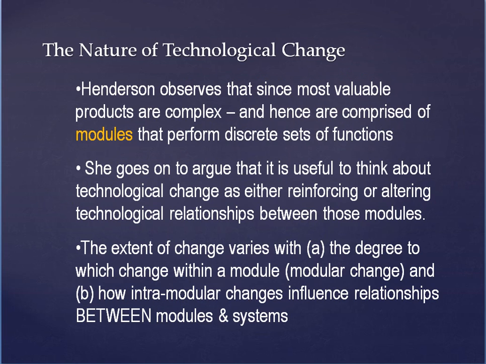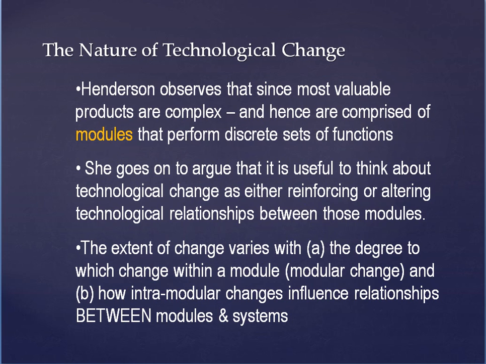They observe that since products are complex and composed of modules, you need to think not only about what's in the module, but the relationships between them. The extent of change within a module sometimes dictates whether or not it continues to work well and productively complement other portions of the product or system being manufactured.